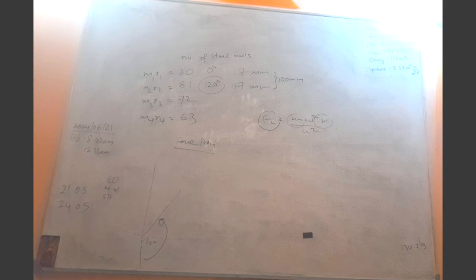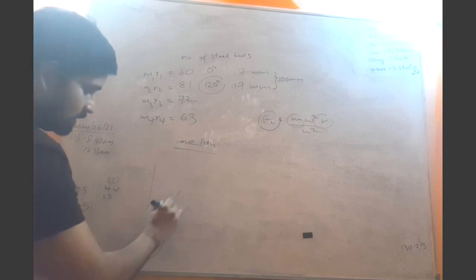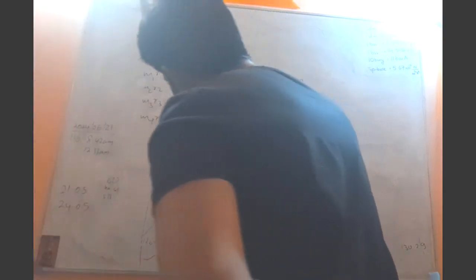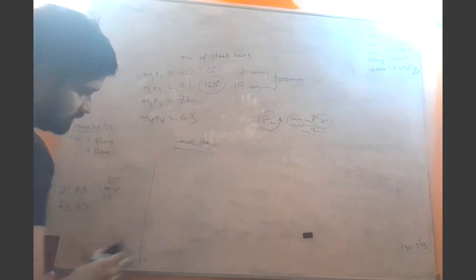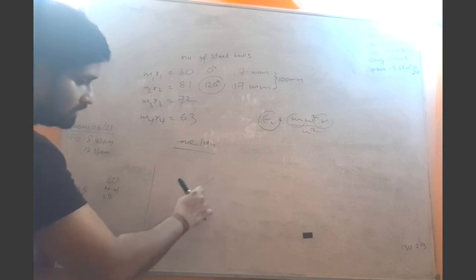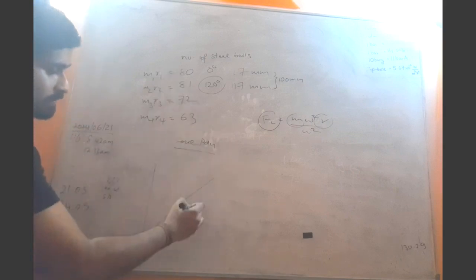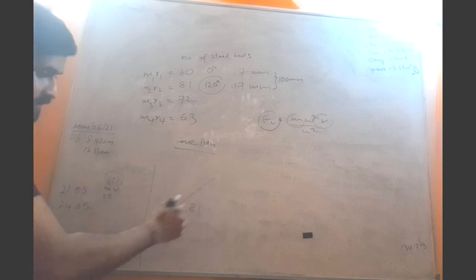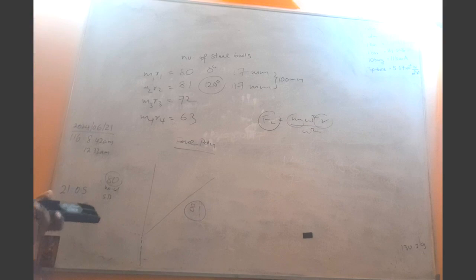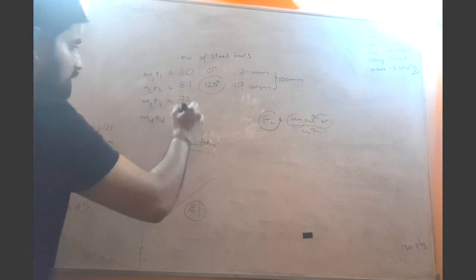So this length is measured at a position of 120 degrees with respect to the downward vertical. This vector, I will sketch it clearly, represents 81. The first represents 80.